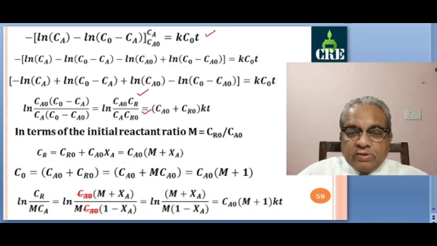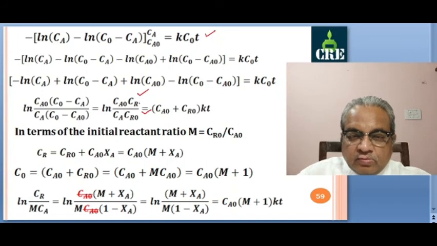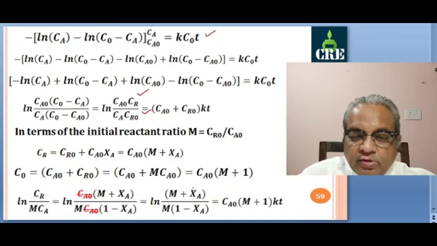So we can replace this and write the integrated form of the rate equation in terms of CR, or you can convert it in terms of XA. CR0 by CA0 is written as M, and you have CR by CA. So ln of CR by M CA.